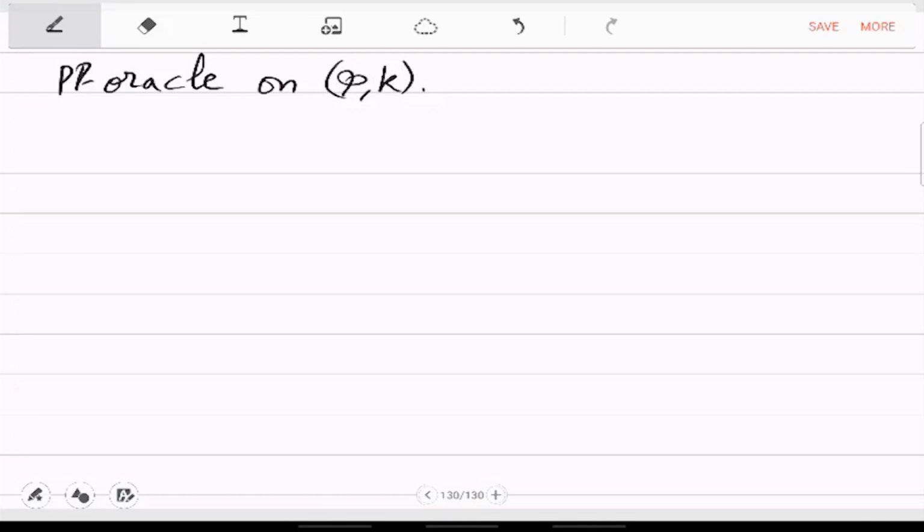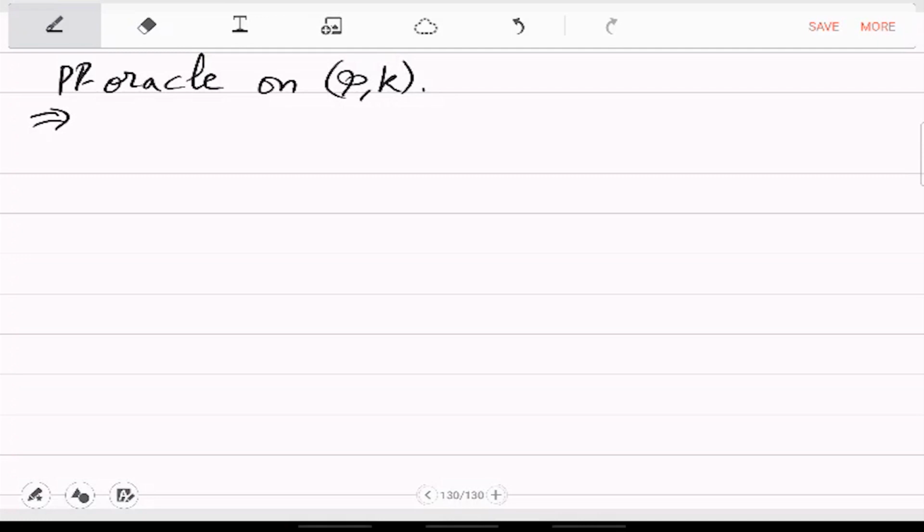Okay, so you can start with k, let's say 1, check this by the PP oracle. If this is false, then it means that you should increase k, so double k, which is 2. If this also fails, then you go to 4, k equal to 4, and so on.